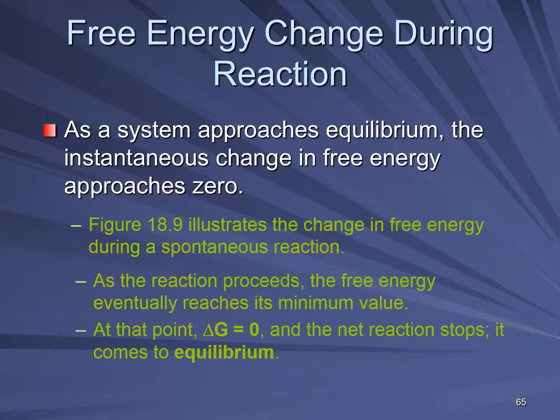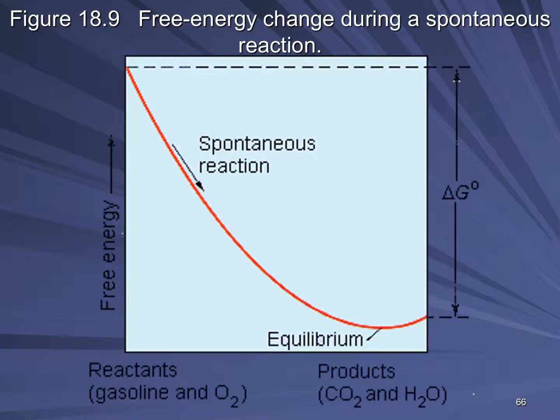So delta G equals 0, the reaction is at equilibrium, and the reaction stops. So we start out with some free energy. As the reaction takes place, that free energy decreases, and eventually we come to equilibrium, which is when delta G is 0.